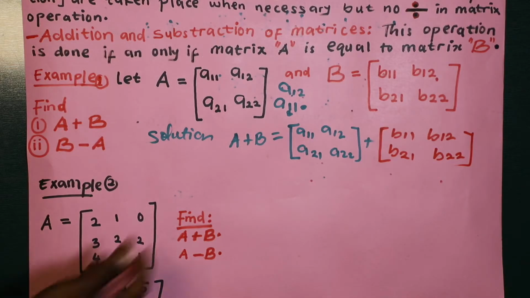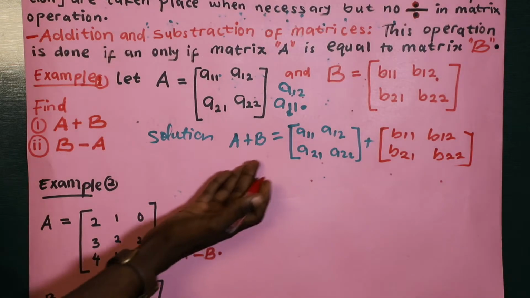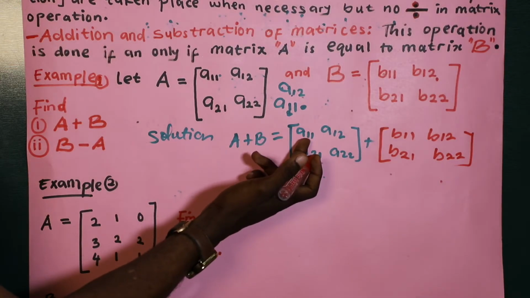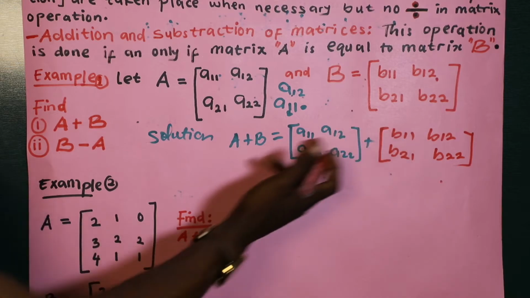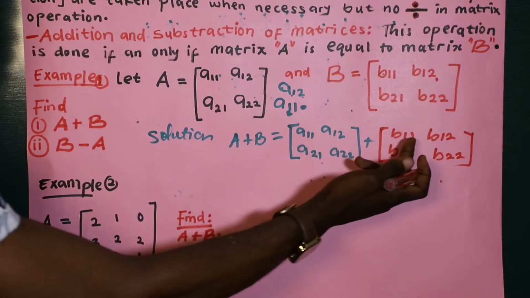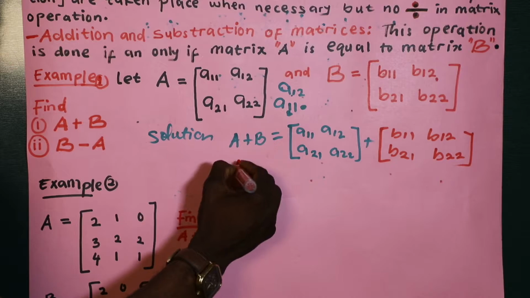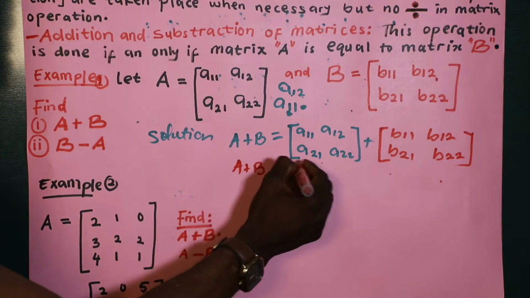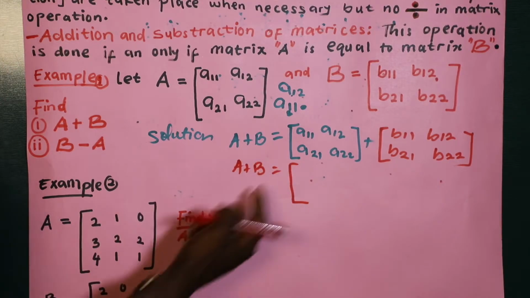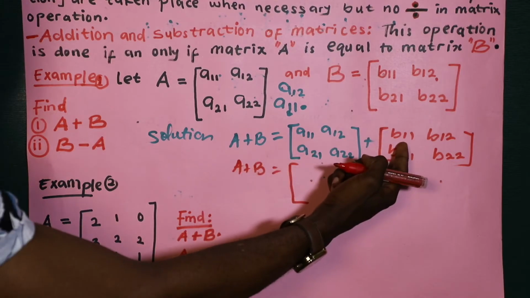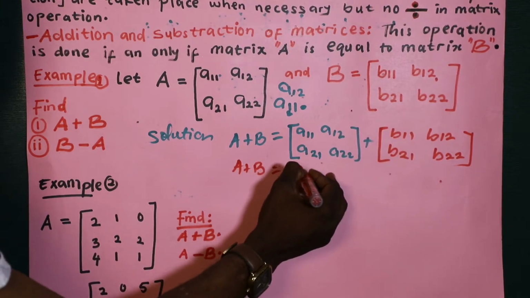So we are going to add or subtract. Now we are going to add component by component. A11 plus B11. Now the matrix A plus B will be equal to A11 plus B11.